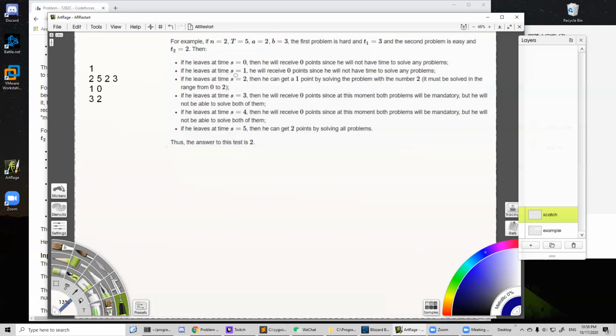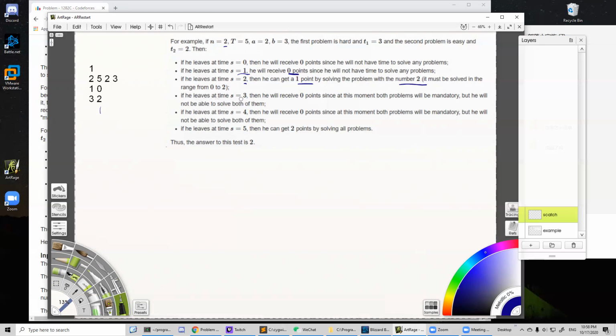And if he leaves at 1, still 0 points, because to solve the easy problem, it takes at least 2 seconds, right? If he leaves at 2, then he can get 1 point by solving the easy problem, which is the second problem, right?